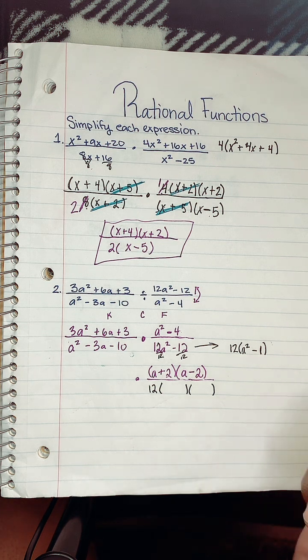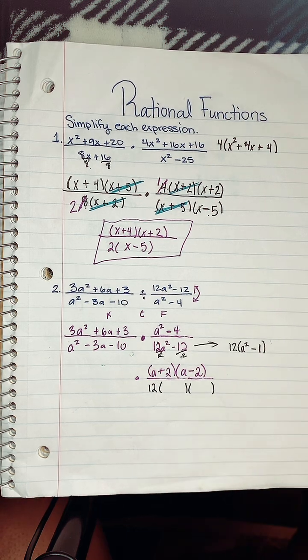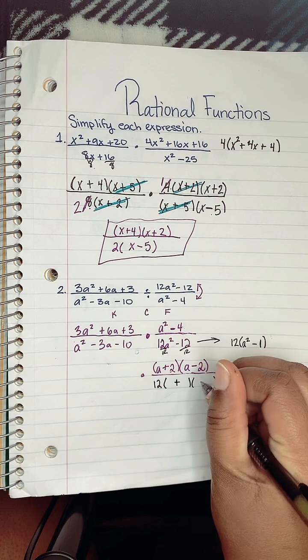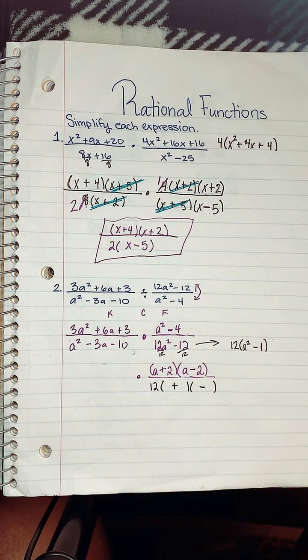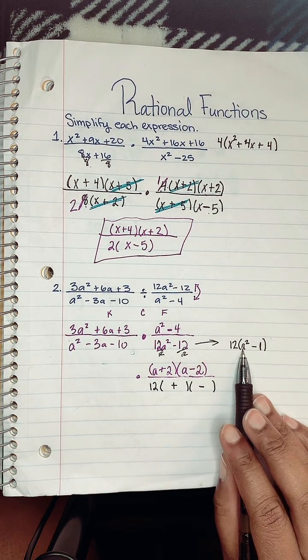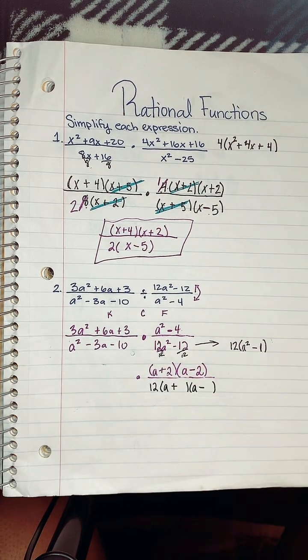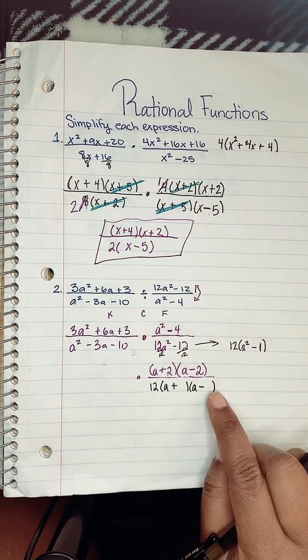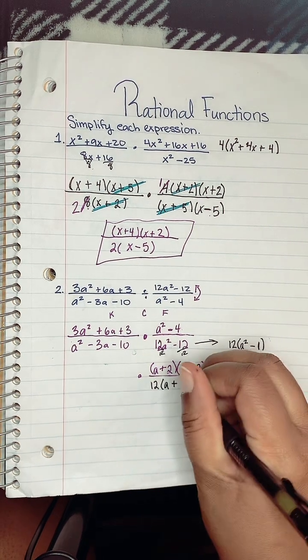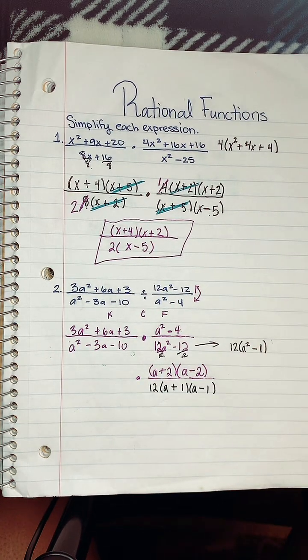Yes, it is. So since it's a difference of squares, we always do plus or minus. And then you ask yourself, what times what gives you a squared? Well, a times a. And then what times itself gives you 1? 1 times 1. Okay, so we're there for right now.